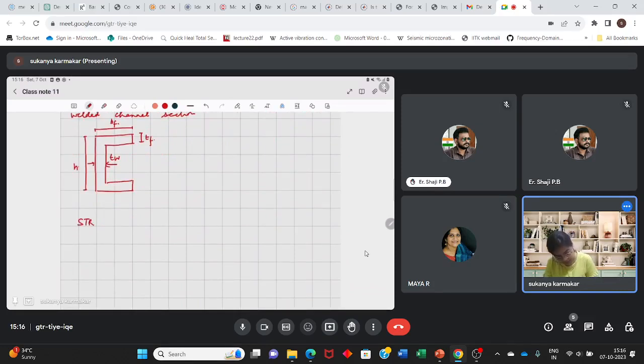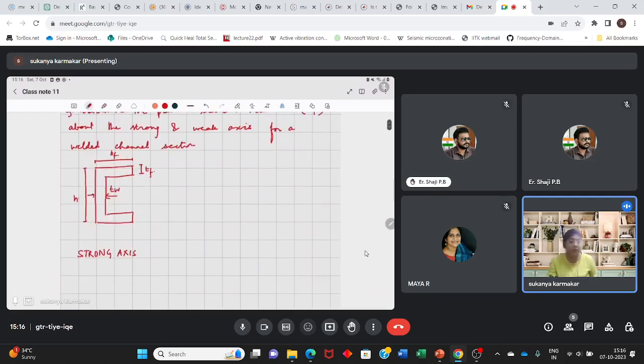What do you mean by strong axis and weak axis? You can find out the moment of inertia about the major axis and minor axis. The moment of inertia about the major axis is more than the minor axis. By strong axis, I mean the major axis.